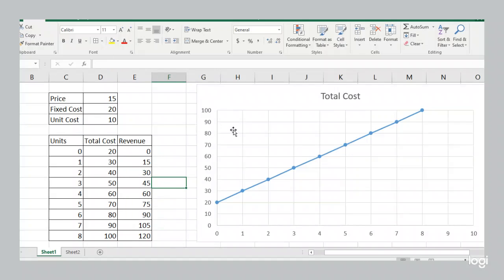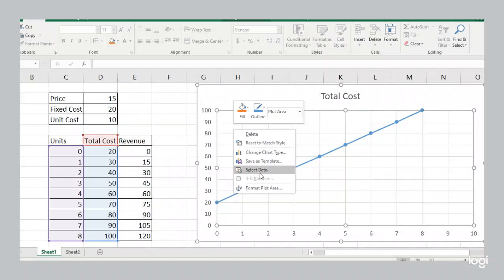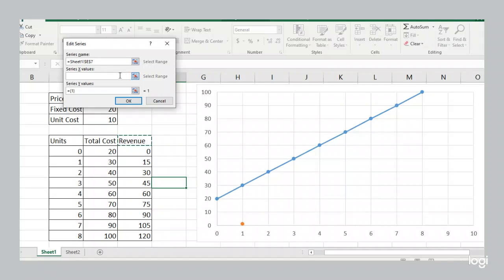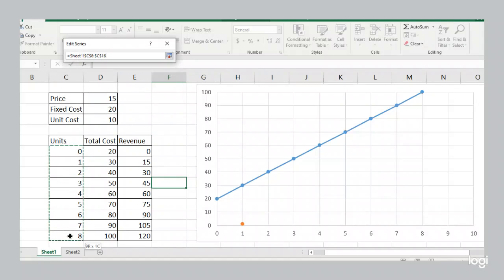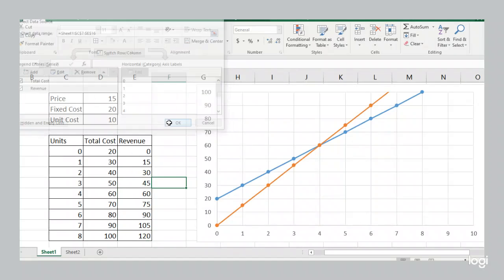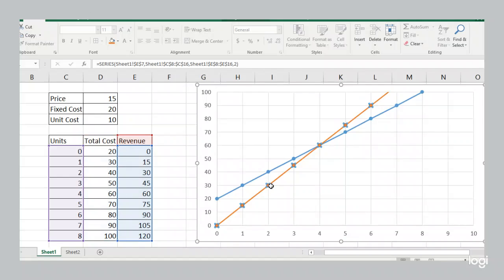And we can plot this. These are our X values, and our Y values are revenue. Okay, so this orange line, this is revenue.